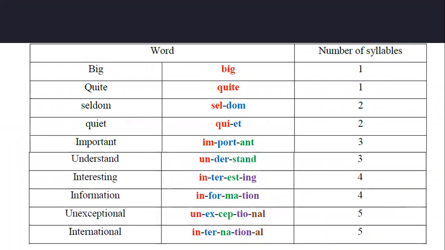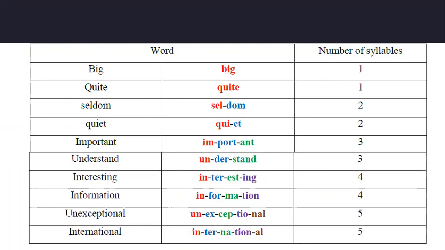So, as you can see in the table, we have the word big with one syllable, quiet with one syllable, seldom with two, seldom, quiet with two syllables, quiet. That second one is quite, not quiet. So quite with one syllable.